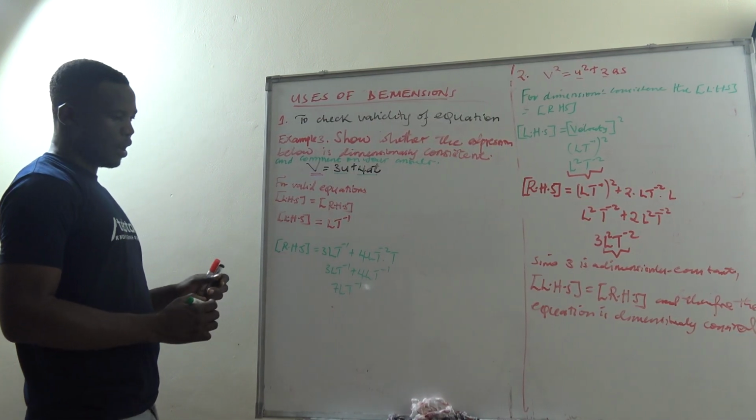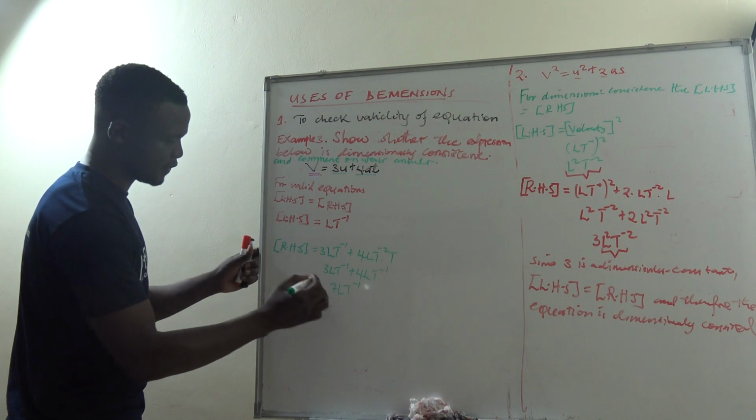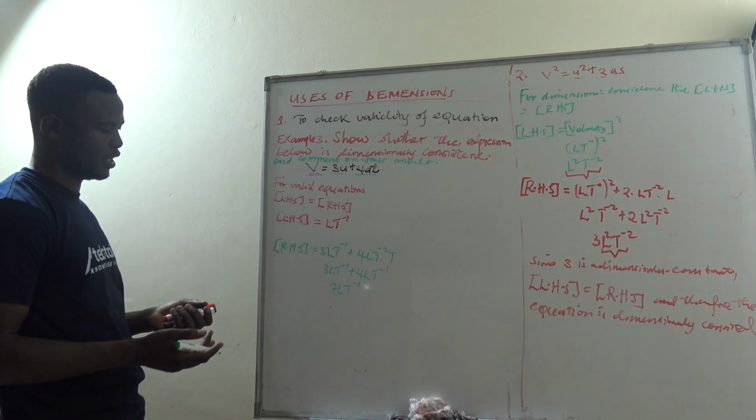Now, how do we conclude? This 3 and 4 are dimensionless constants.